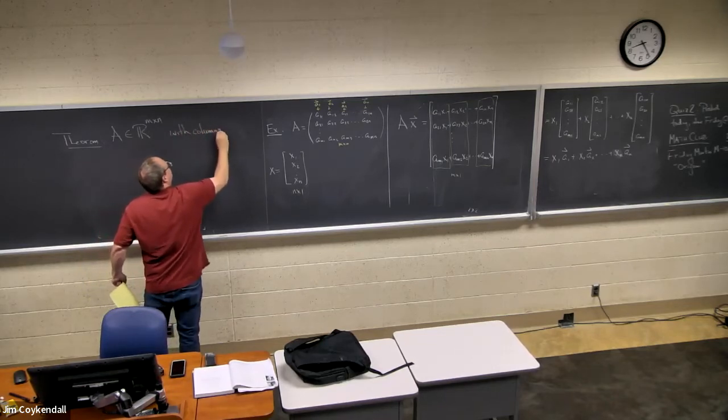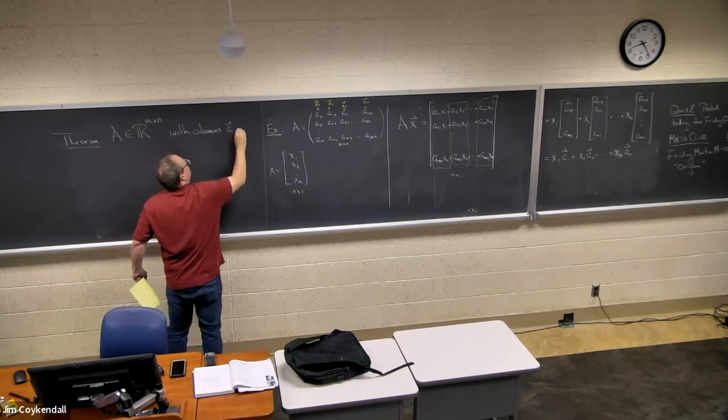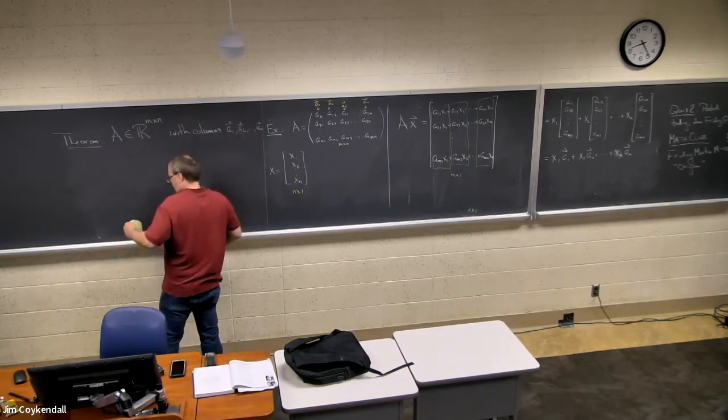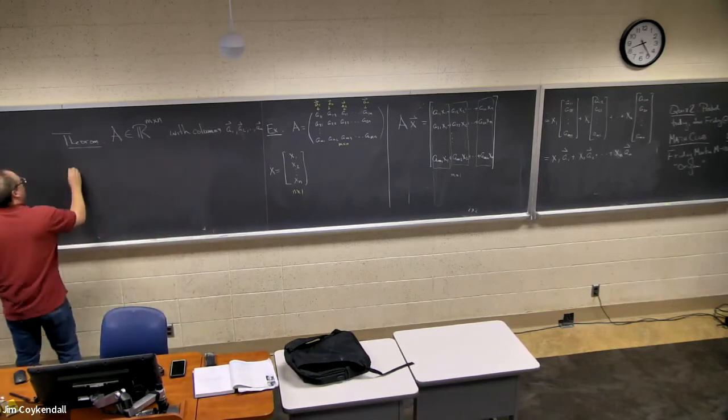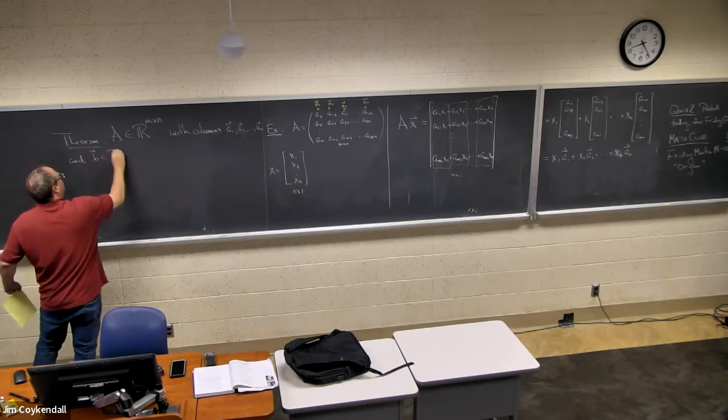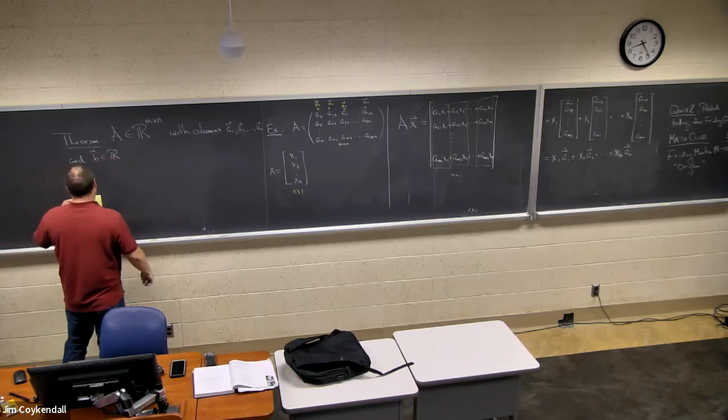The columns, I'll call them A1, A2, up to AN. Those are the column vectors. And B is in R^m.